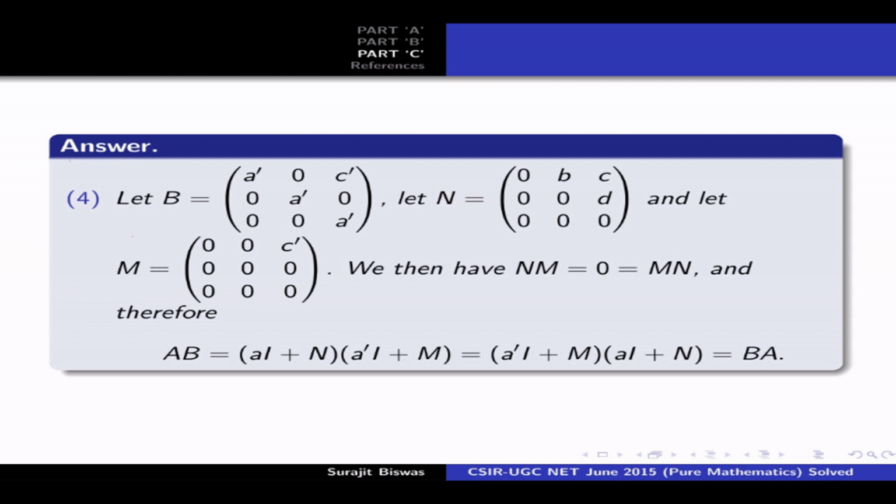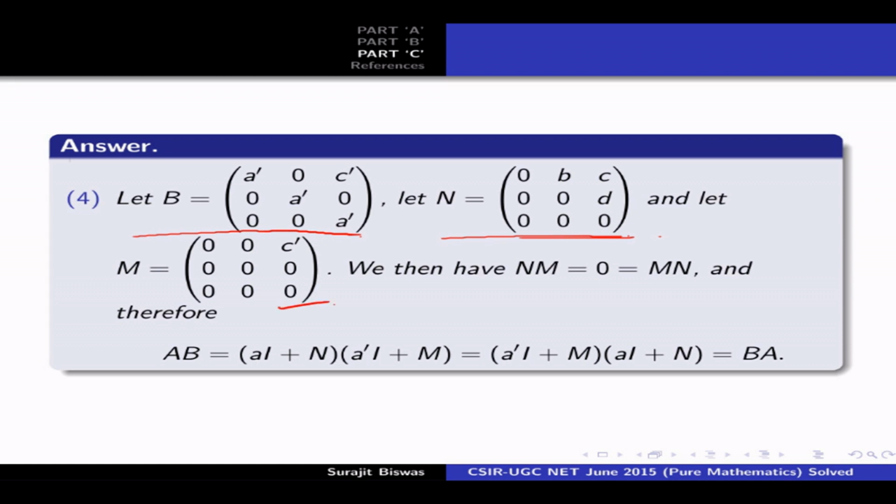So let B equal to the given matrix form, that is a dashed, 0, c dashed; 0, a dashed, 0; 0, 0, a dashed. Let N equal to, after taking the principal diagonal out, the left out part, N equal to this, and let M equal to, of course, after taking the principal part out, the left out matrix.